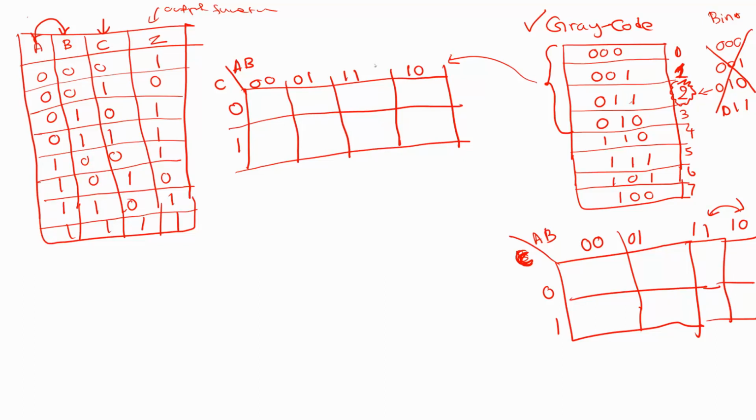When we draw the Karnaugh map, we have to use that pattern rather than the binary pattern. Here see 0, 0, 0, 1. As usual, we tend to write 1, 0, but we don't do that. According to the gray code, 1, 1 is the next pattern that we have to prepare. Therefore, we use 1, 1. And finally, we use 1, 0.